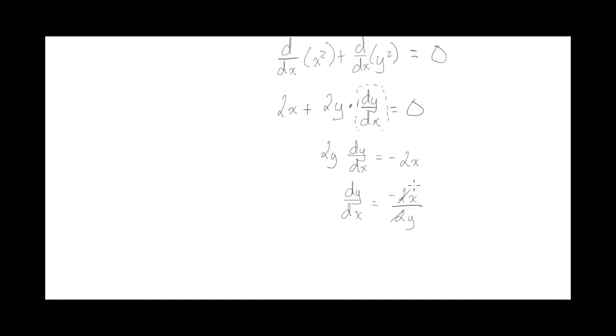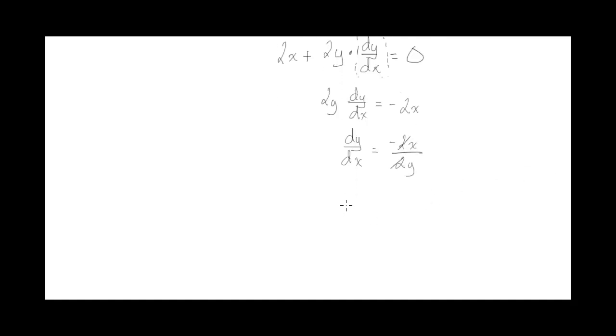So the 2's will divide out. So dy by dx equals minus x over y. So that is your first derivative.